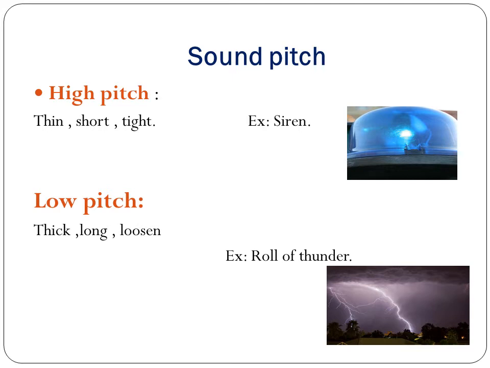And we can say the sound is low pitch when you can hear that the sound is thick, long and loose, like the roar of thunder. It's completely different from the siren. So this is the high pitch and this is the low pitch, and these are the properties that we can describe.